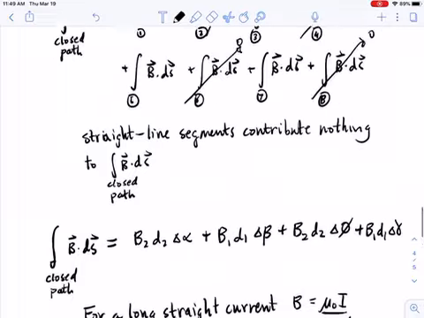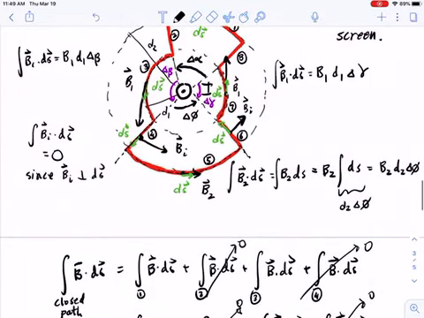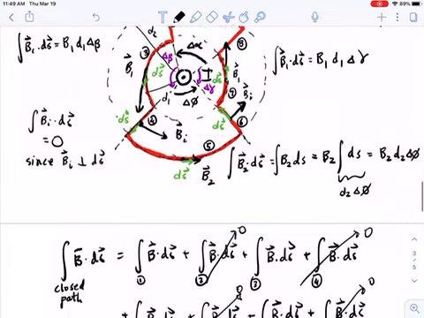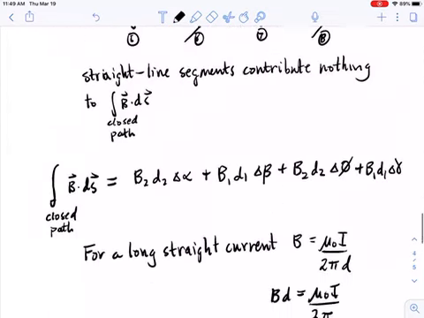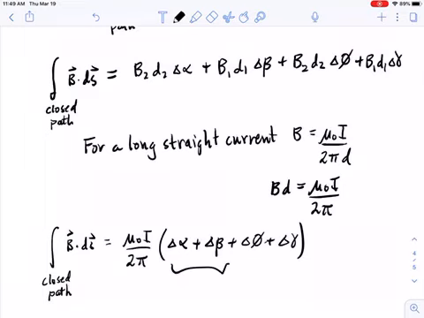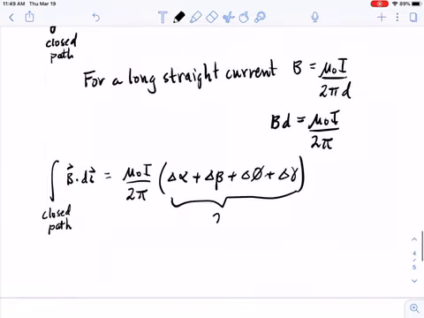Let's go back and look at our picture though. If we add up delta alpha, delta beta, delta phi, delta gamma, then we go all the way around our current carrying wire, and this sum of angular displacements is 2 pi radians for a complete loop.